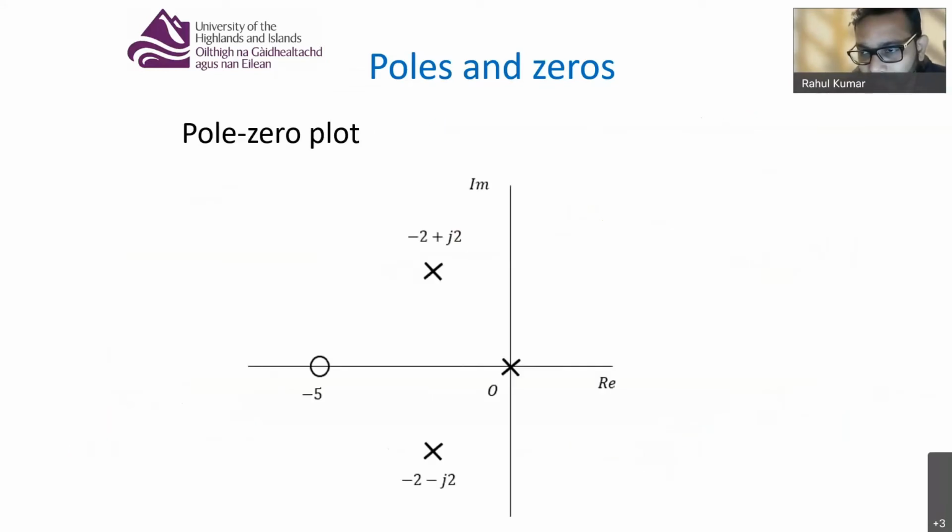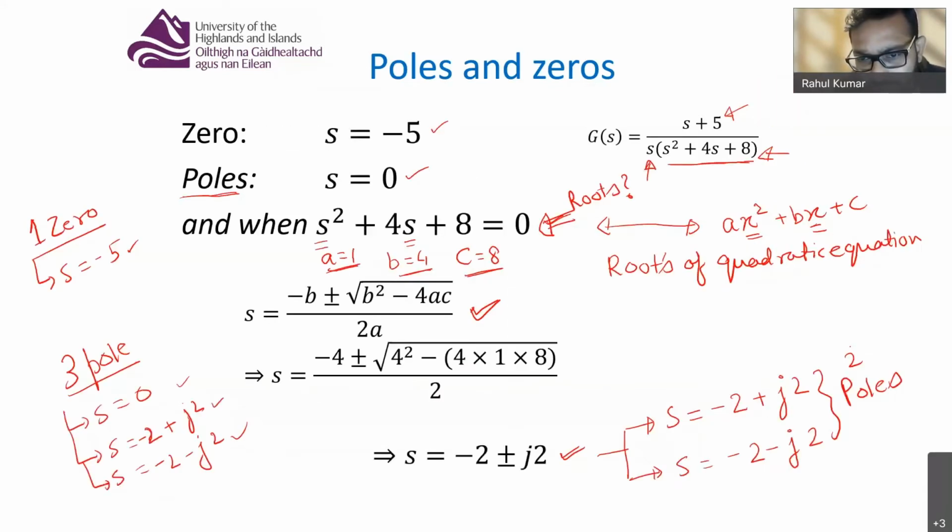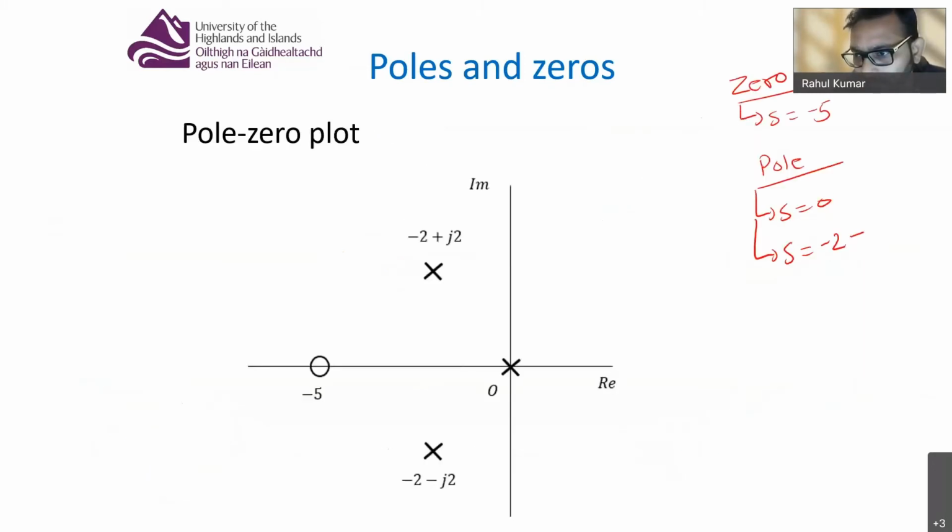So I have a zero at s equals to minus 5, and the poles: s equals to 0, s equals to minus 2 plus j2, and the third pole is at s equals to minus 2 minus j2, like that.